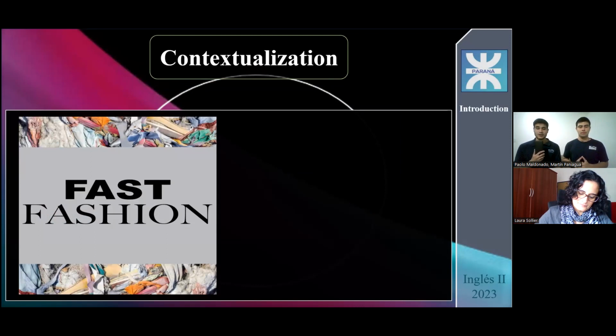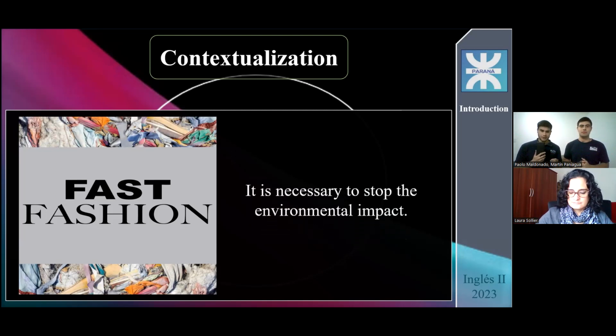This model is based on the large production of low cost and low quality clothing, which implies a greater consumption of natural resources and generation of textile waste. This situation raises the need to make the textile industry more sustainable to stop its environmental impact.